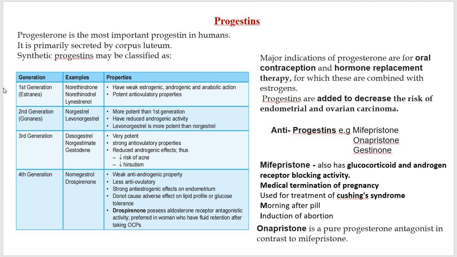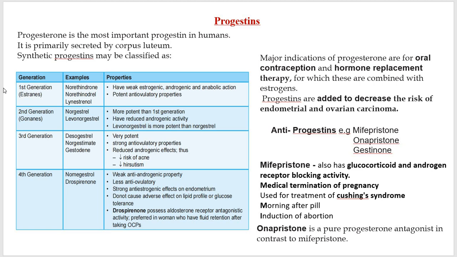Then we started with the oral hypoglycemic agents used to treat diabetes mellitus, and how the drugs act: some drugs act by increasing the release of insulin, or by increasing the metabolism of glucose.